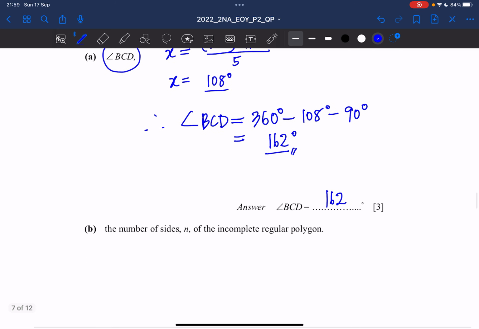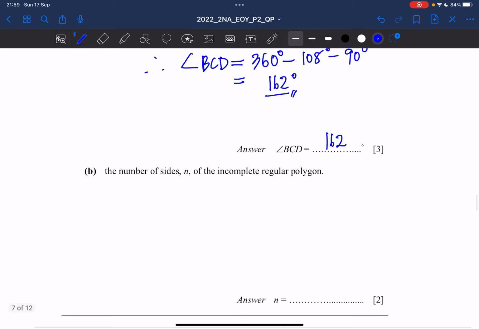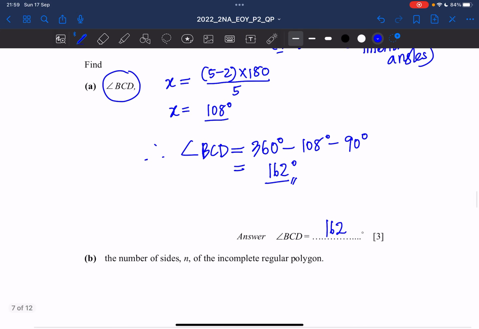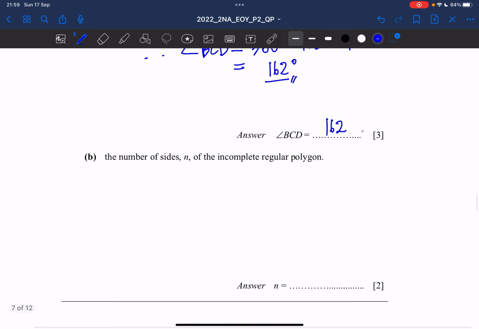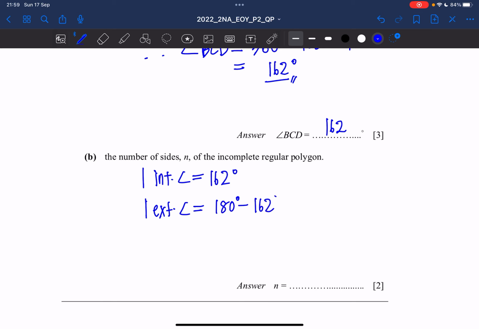The number of sides n of the regular polygon. The interior angle is equal to 162 degrees. So one exterior angle is equal to 180 degrees minus 162 degrees, which is 18 degrees.